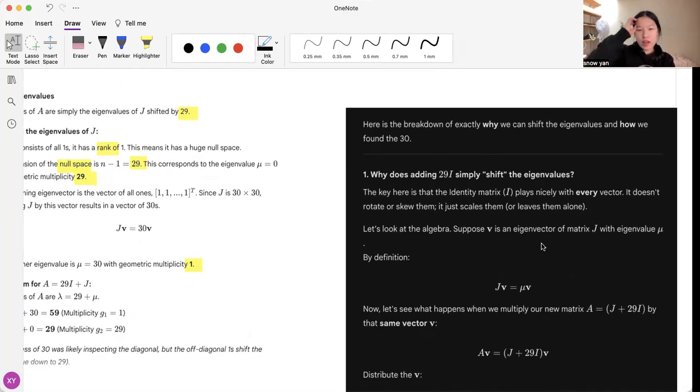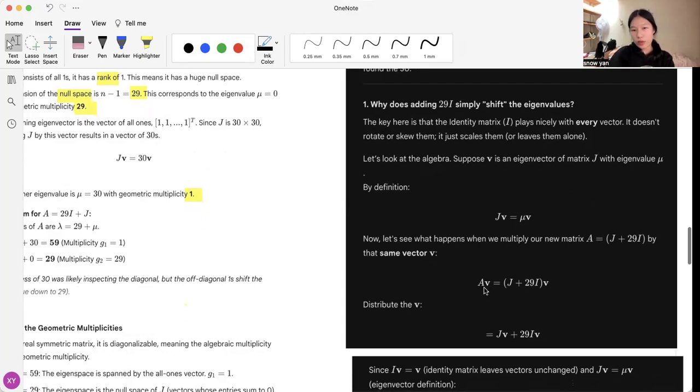What I found out is that by the definition of eigenvector and eigenvalue, JV equals mu V, where V is the eigenvector, mu is the eigenvalue, and J is the matrix. This is just the definition. And when we substitute in our matrix J plus 29I, we get this equation.